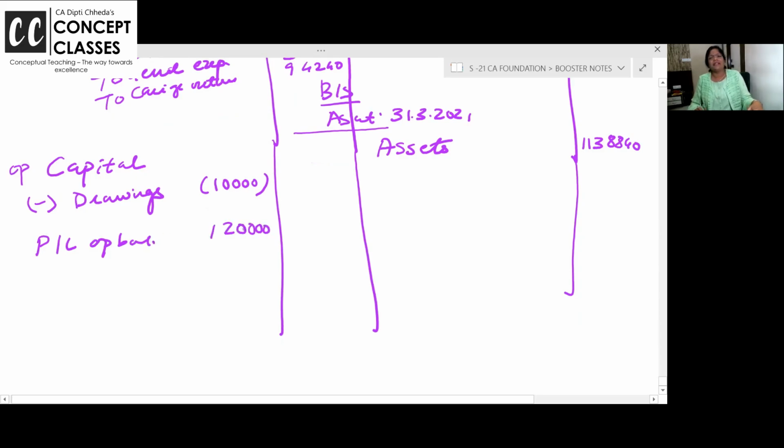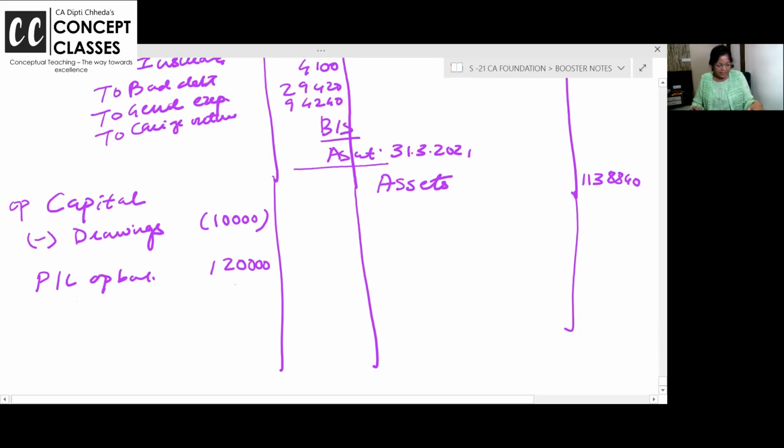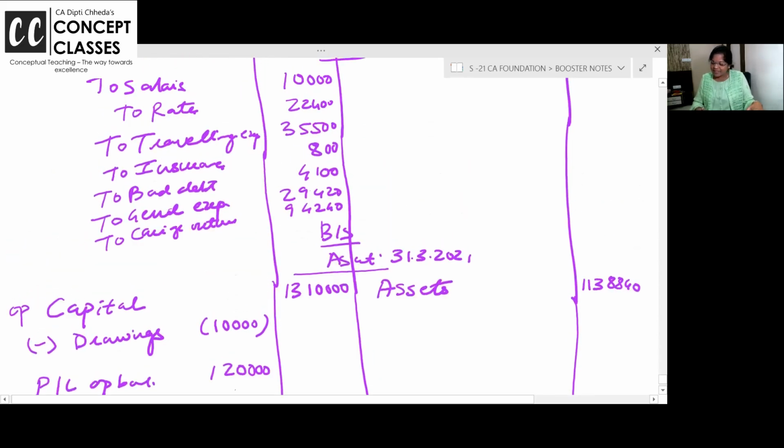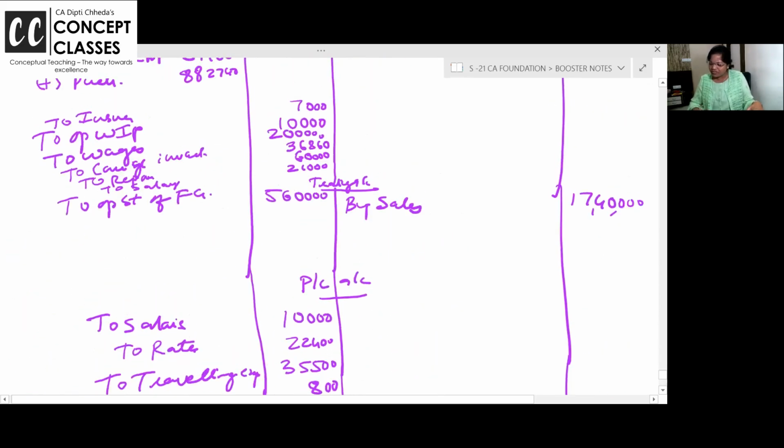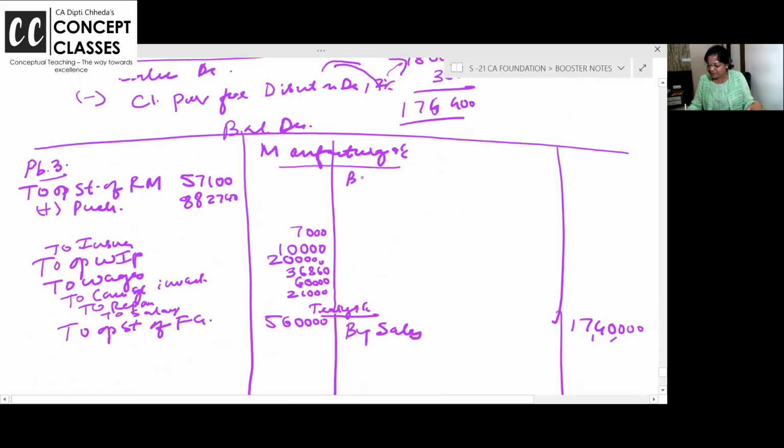I hope you are getting. You can add it to the capital, but they are not doing. So P&L account, opening balance, and then we have capital, 13,10,000. Last year's capital.